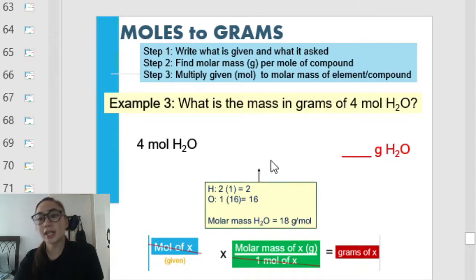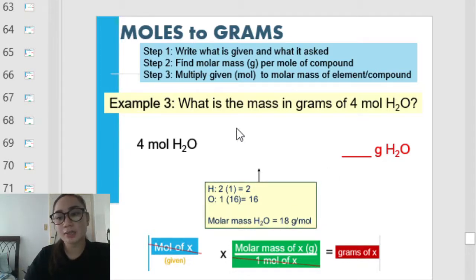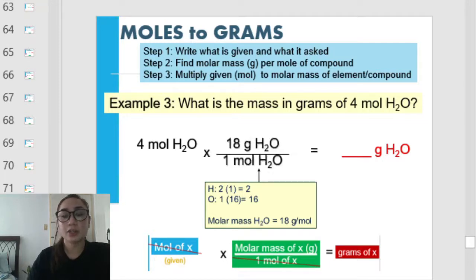So, now, saan natin ilalagay si 18 grams? Sa taas ba or sa baba ng equation? So, gusto natin kasi makancel out si mole. So, saan natin ilalagay si molar mass? Okay? So, ilalagay natin si molar mass sa taas. So, para makancel out si mole. Okay. So, now we compute again.